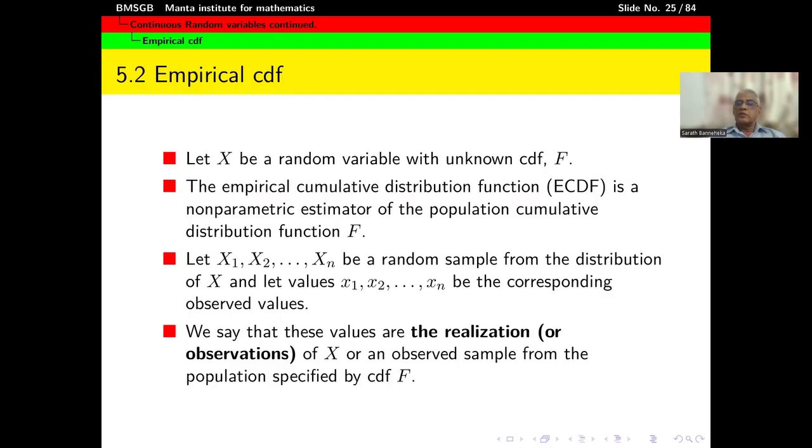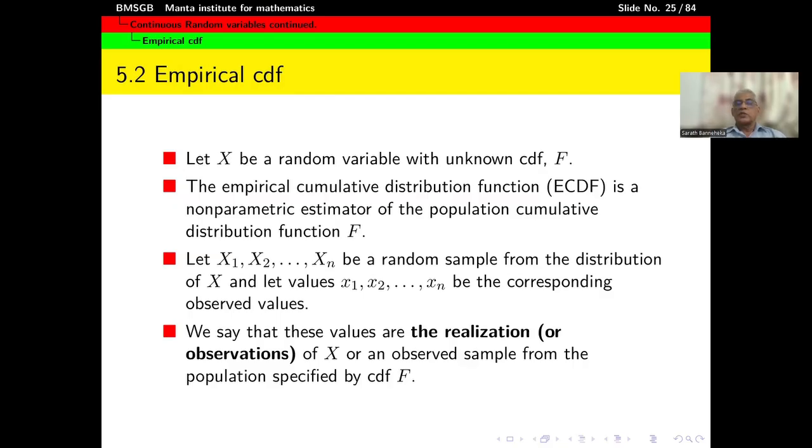The second method is getting an estimate for the cumulative distribution function without assuming a particular model, like not assuming X is gamma or X is exponential or X is a normal distribution and so on. That is because there are situations where we don't have enough evidence or enough data to assume some model for the probability density function, and therefore we cannot use the parametric approach.